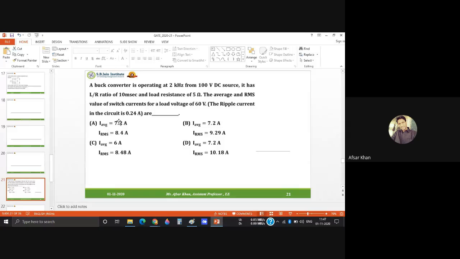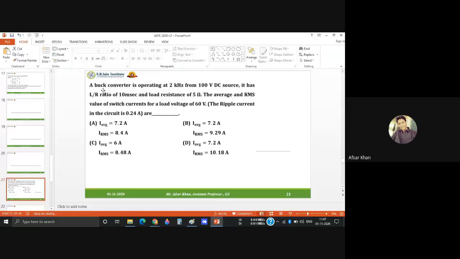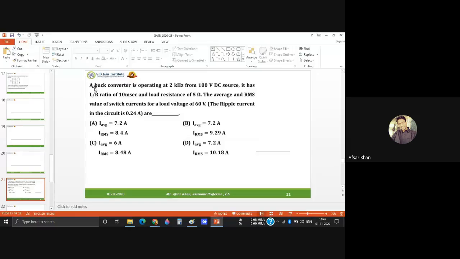Average and RMS value of switch current for load voltage of 60 volt we have to calculate. Also, we have given load voltage V0, V0 is 60 volt. So this is a buck converter, which means step down chopper.